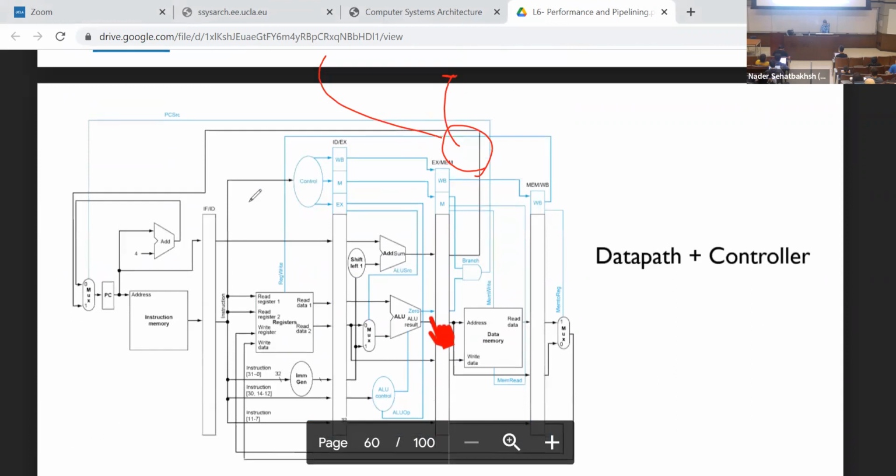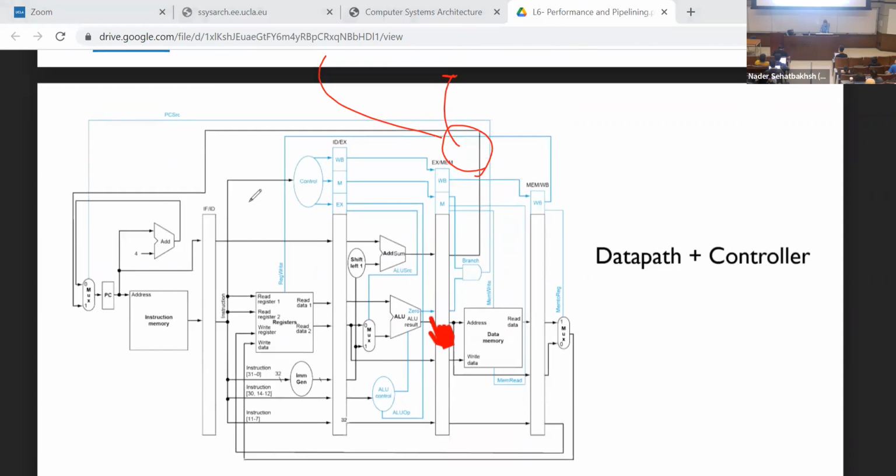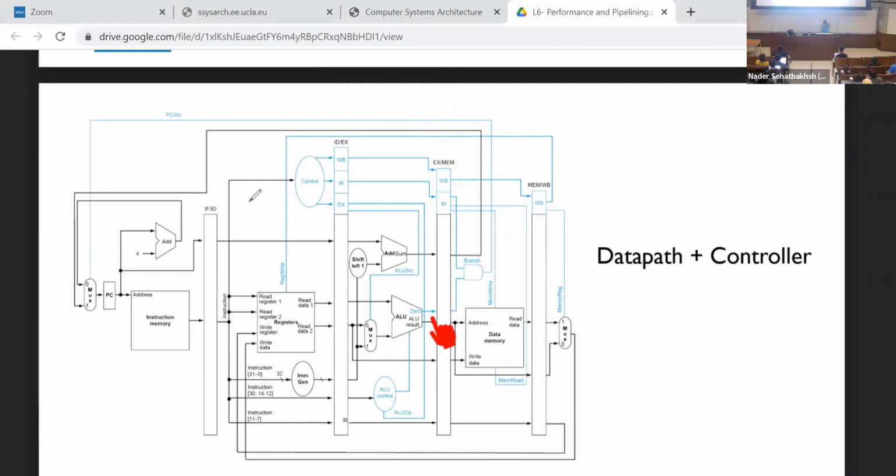For example, your 0 doesn't go straight to this gate here. It actually goes through the register, and in the next cycle actually goes into the gate, right? Because this gate is in the memory stage and not in your ALU stage. Why are we doing that? Again, because we don't want to create a critical path.